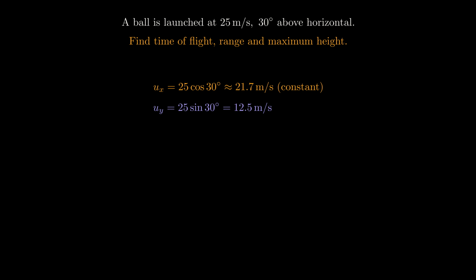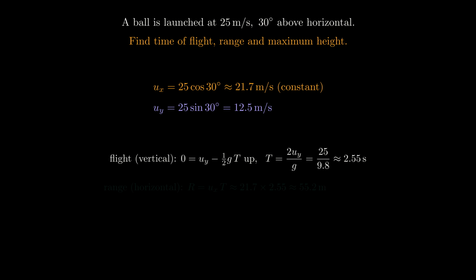Now you have two independent one-dimensional problems, linked only by the time. The time of flight is set by the vertical motion alone. Up and down are symmetric, so the total time is twice the launch vertical velocity over g, 25 over 9.8, about 2.55 seconds.